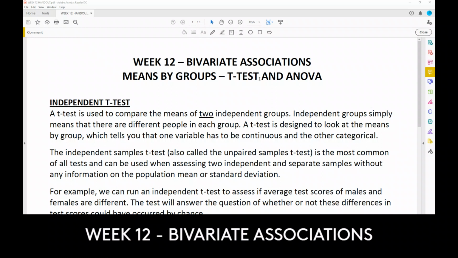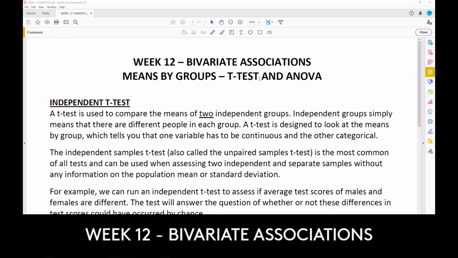Now, just to recap what we've covered thus far. In week 10 we covered bivariate associations, correlations, where we are able to assess the relationship between two continuous level variables. The Pearson R correlation coefficient tells us about the direction and the strength of the correlation between those two variables.